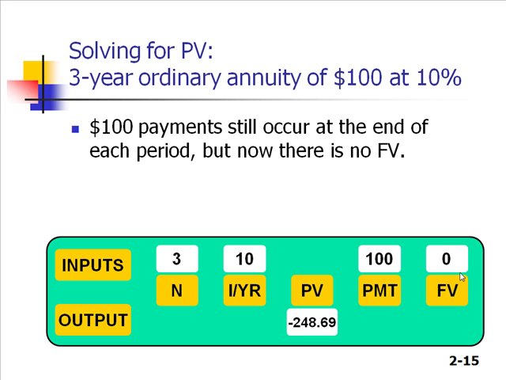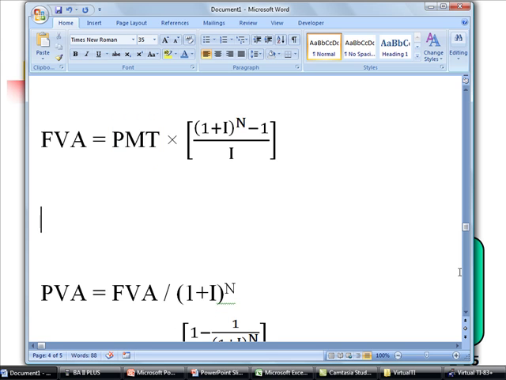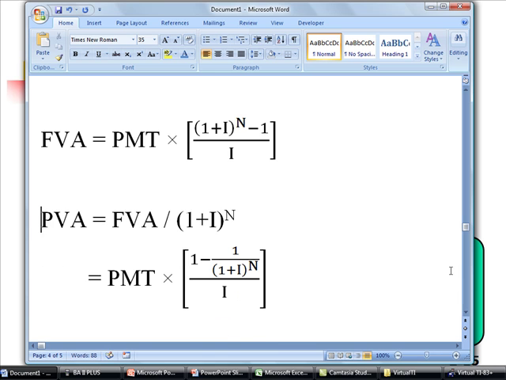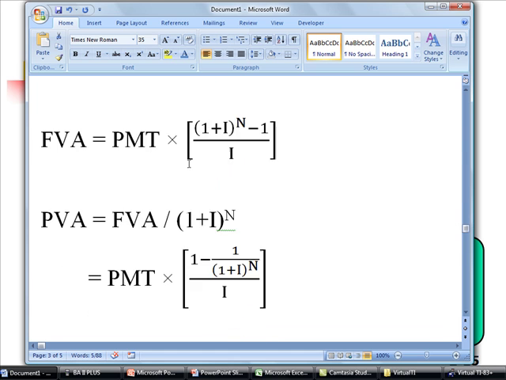There is a formula. Actually, we're going to get to the calculator solution here in just a second, but there's a formula that you can also use to solve for the present value of an annuity. What I'll point out first of all is that you can take advantage of the good old present value formula from up here. This is the present value formula for a single cash flow, and once you've already found the future value for the annuity, that is an equivalent single cash flow at the end of the timeline.